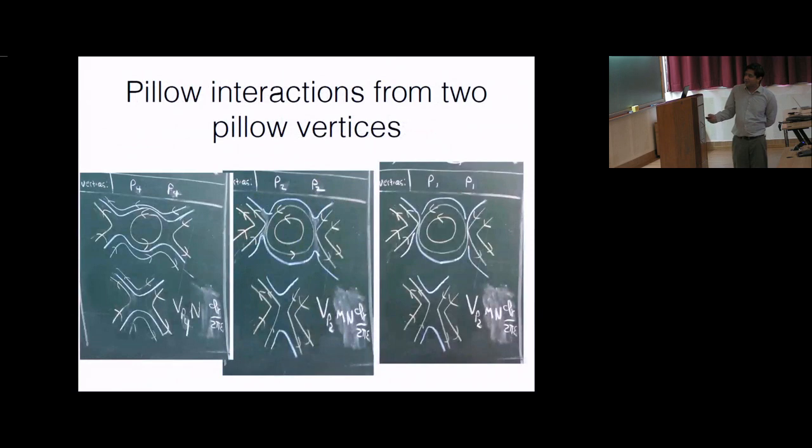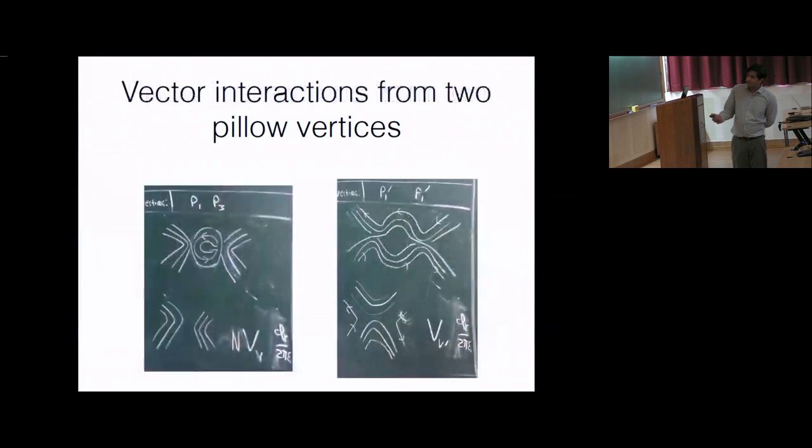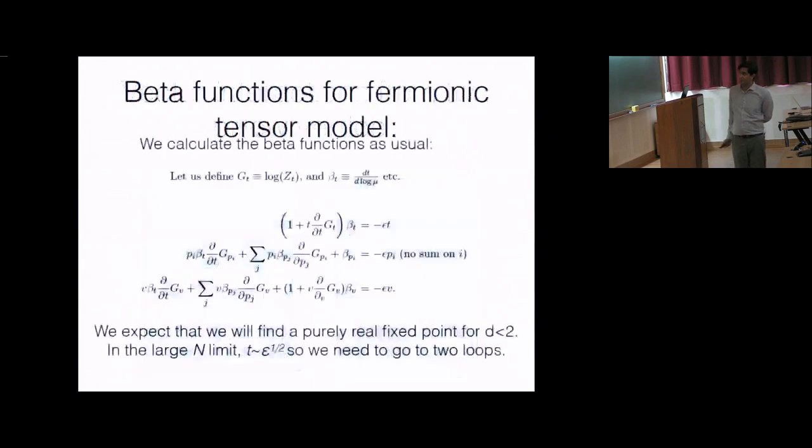And just combining pillow interactions, you can see they also generate other pillow interactions because, as shown this way, the blue line comes here, this line, and they can also generate vector interactions. But the diagrams where they generate tetrahedrons are suppressed by 1 over N.